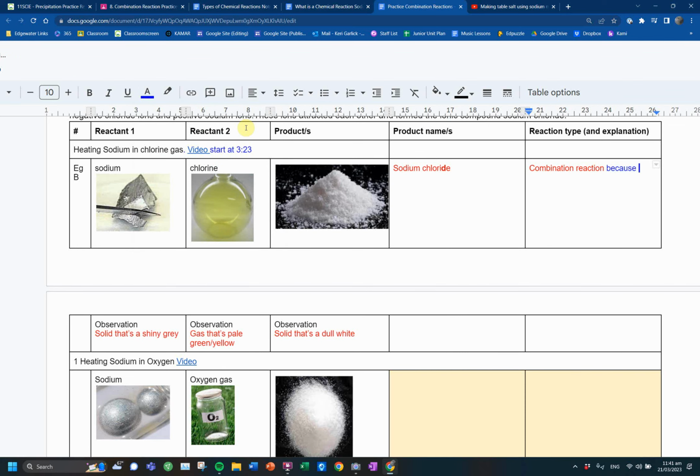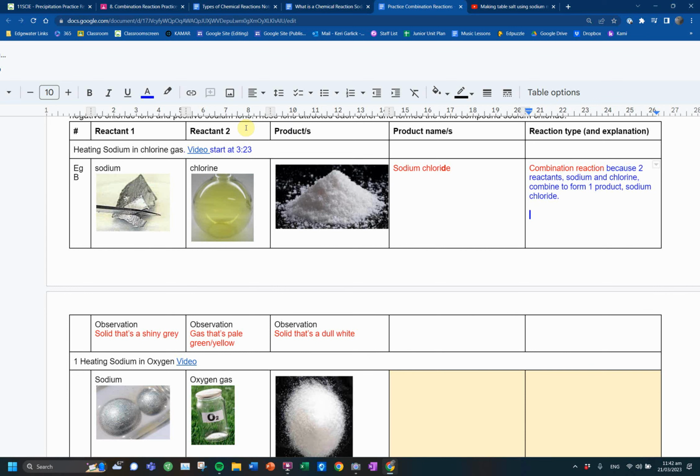Because... how many reactants do I have? Two reactants, which are what? Sodium and chlorine combine to form how many products? One product. And what's our product? Sodium chloride.